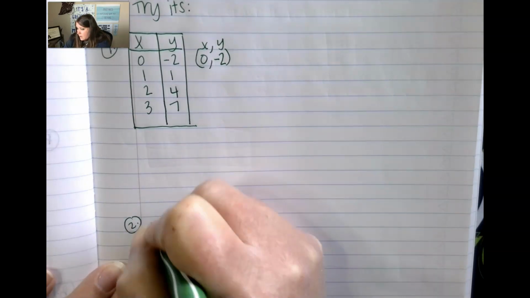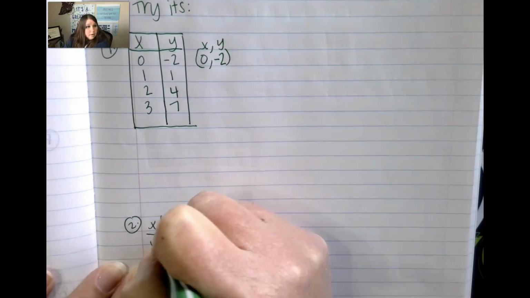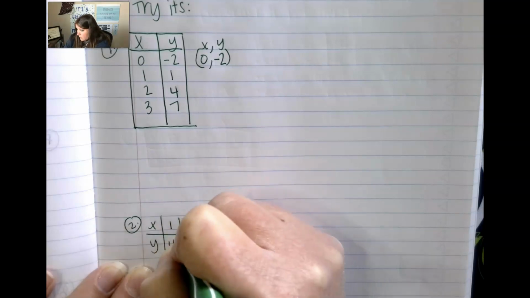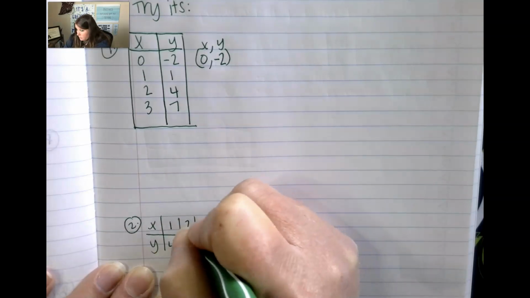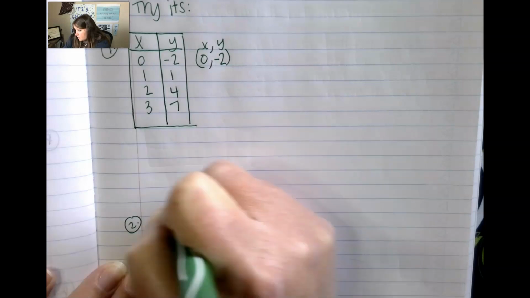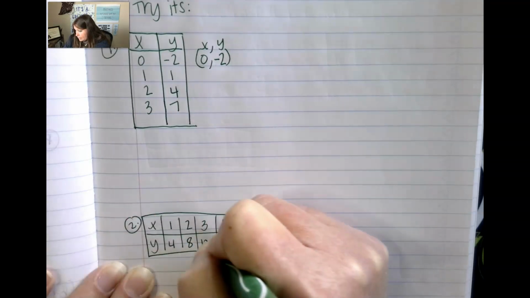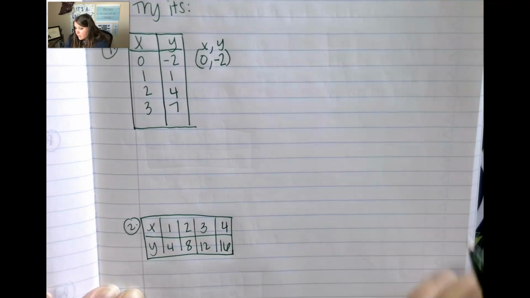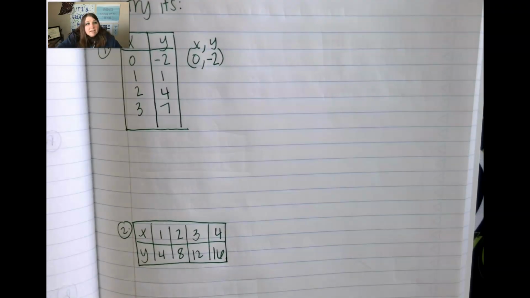X, Y. 1, 4, 2, 8, 3, 12, and 4, 16. All right, go ahead and first do your ordered pairs, and then go ahead and graph it. When you're ready, come on back and hit play so you can check your level of understanding.